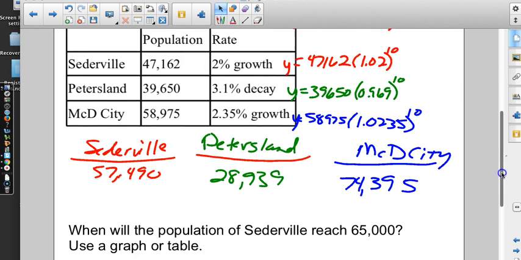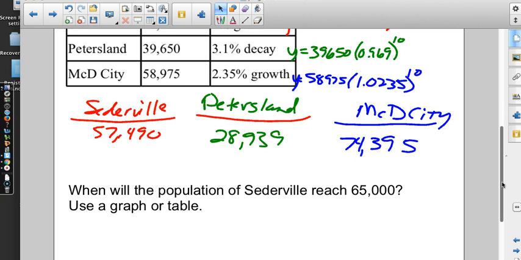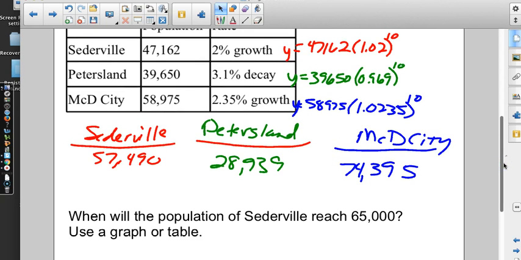So down here, interesting question. It says, when will the population of Cedarville reach 65,000? Use a graph or a table. So here's what we want to know. When is this going to equal 65,000?